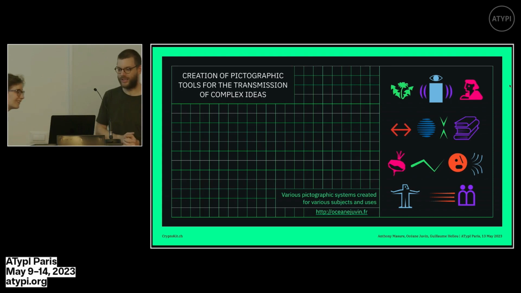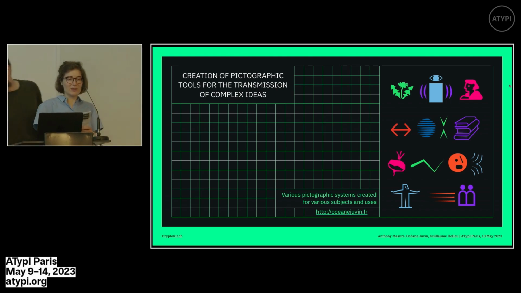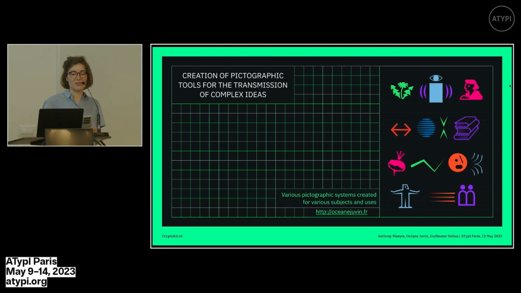Océane. So, hi, I'm Océane Juvin, and I graduated in type design in Paris at Estienne School in 2016, and quickly after my diploma, I started as a graphic and type designer, specializing in visual didactics.